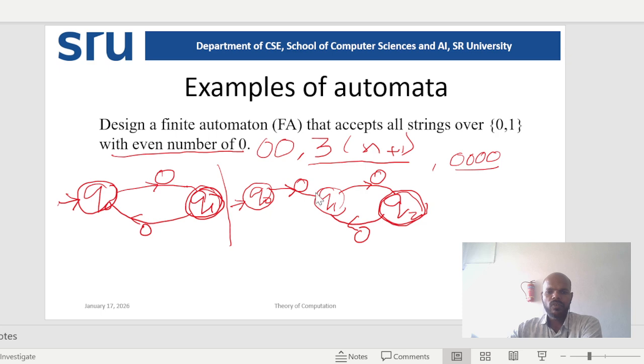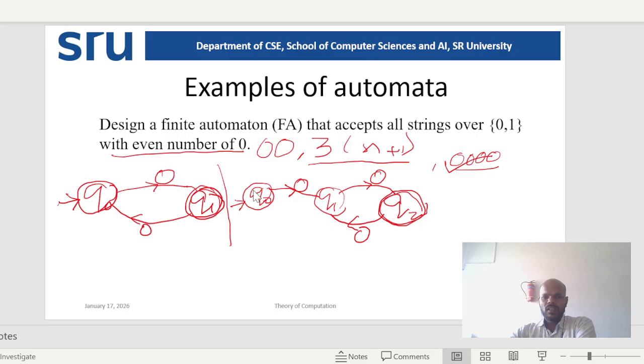So 1 0, 2 0, 3 0, 4 0. That means that 4 zeros are accepting. Now check it. Any number of zeros with even number, it will be accepted.